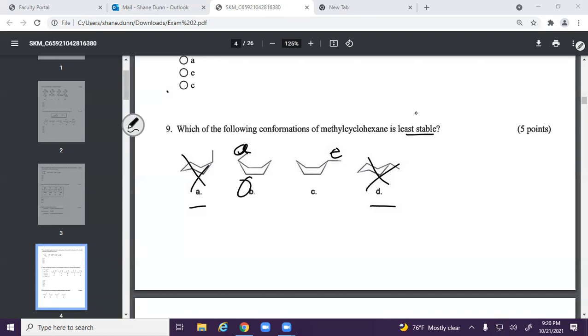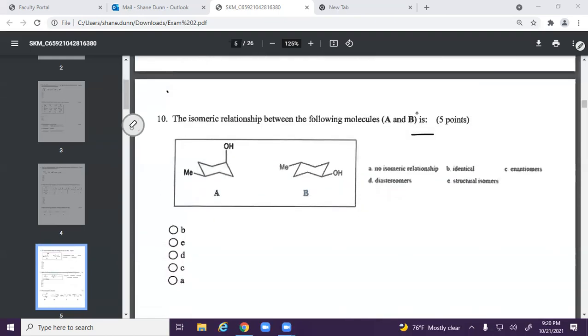B. So B is the least stable out of all of them. Which one's the most stable? D. D is the most stable. Good job. In case he asks it vice versa.